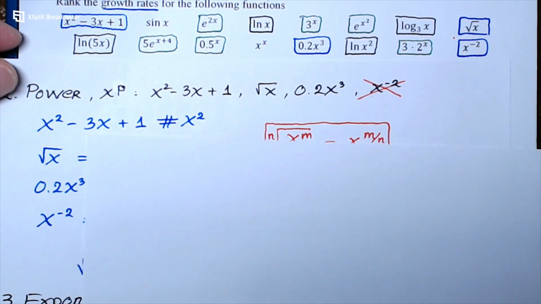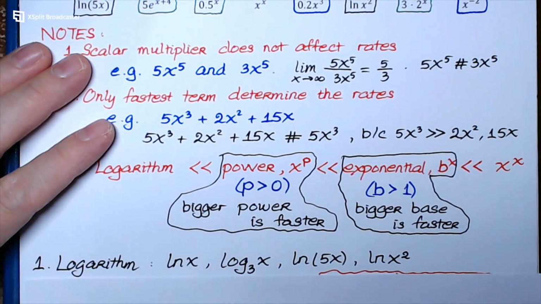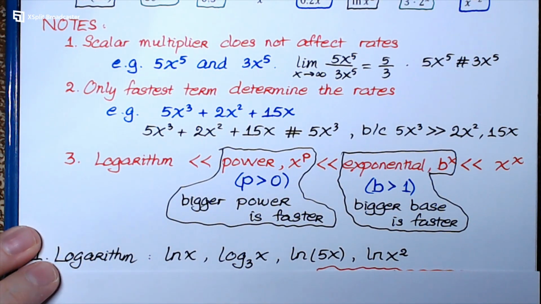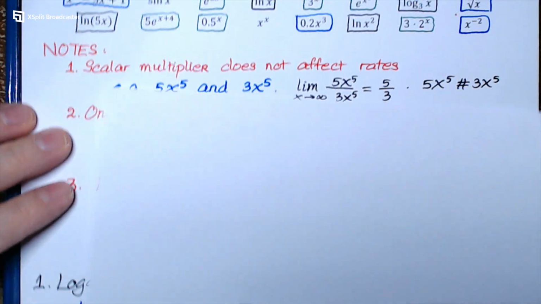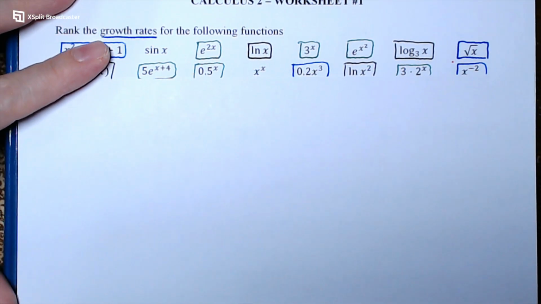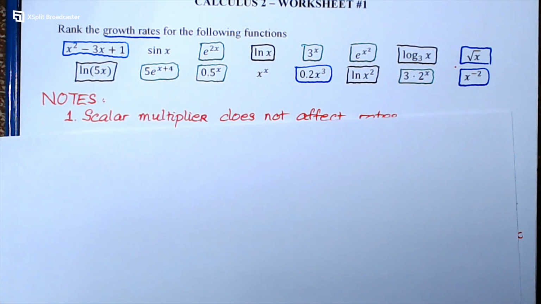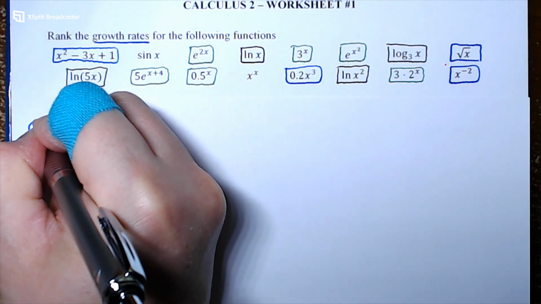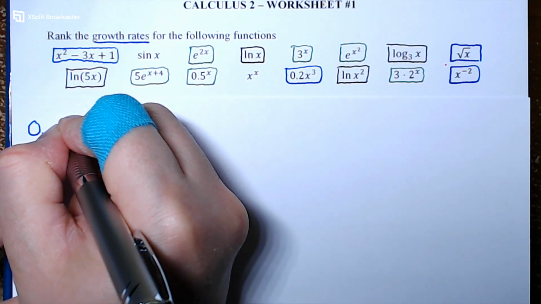So after all of this, let's rank them. First, let's look for the ones that do not have the rate. Those do not go to infinity.